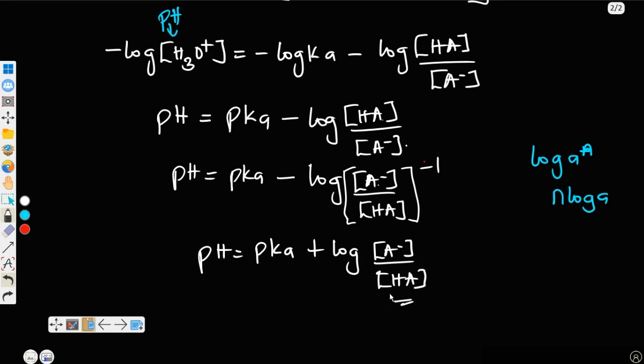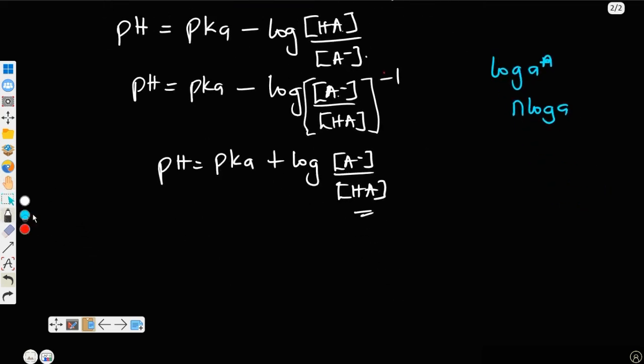So most times, when they say write the Henderson-Hasselbalch equation, this is what you are going to write. Are you getting it now? pH is equal to pKa plus log A minus all over HA, where A minus is the dissociated ions or the dissociated drug, and HA is the what?